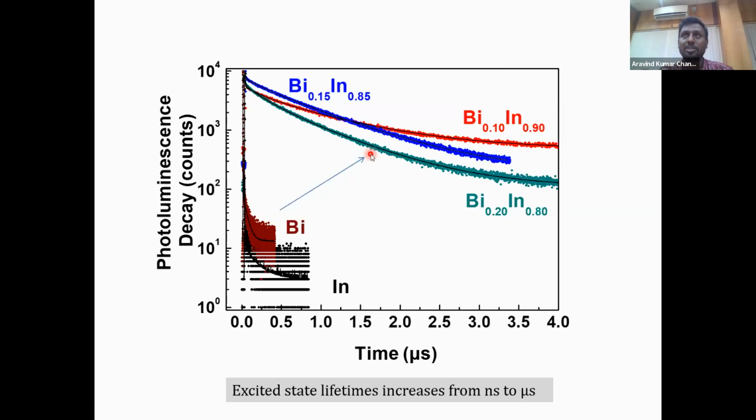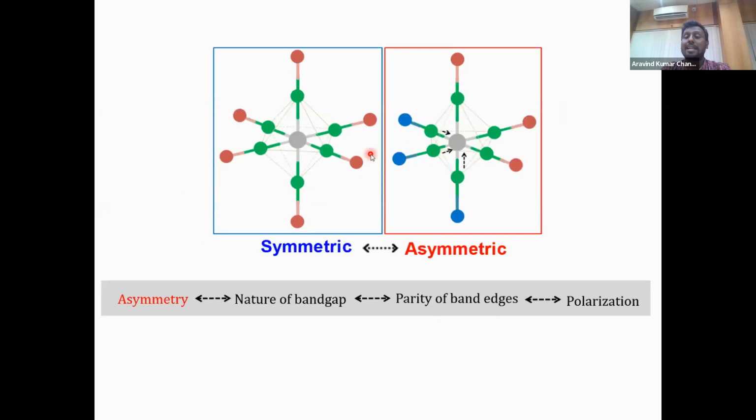Now, still something that's not answered is why there is an intense white light emission. And now I've added one more trouble to it: why there is a significant increase in the lifetime when I have a mix of bismuth and indium. Everything boils down to these things here. One is that I have created asymmetry in the system, which is based on single crystals. And there are a few options.